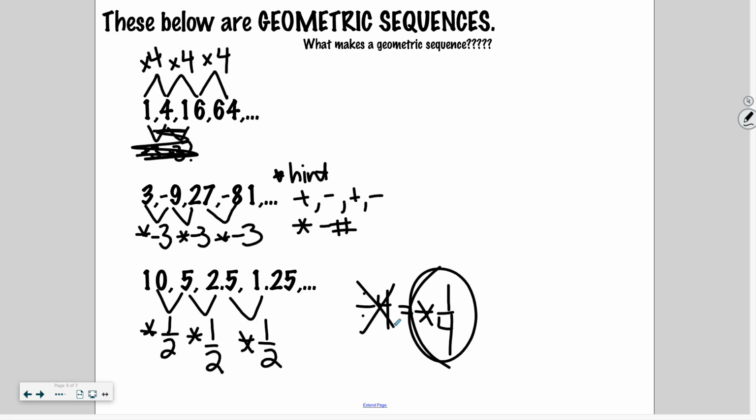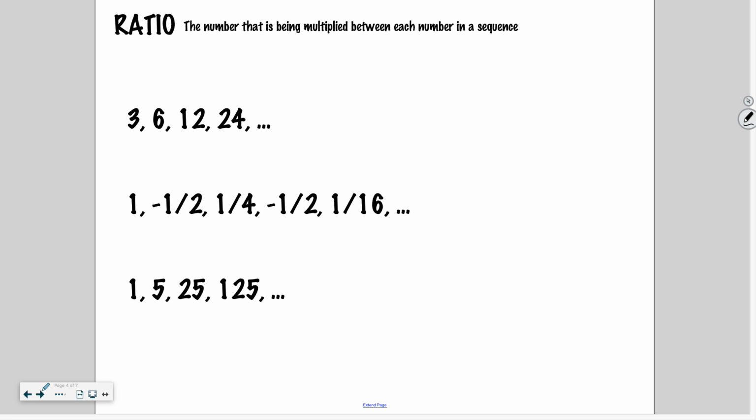So what makes a geometric sequence is it's a listing of numbers in a pattern that is being multiplied each time by a common ratio. So your ratio is the number that's being multiplied between each number in a sequence. So ratio is like super important to know that word.